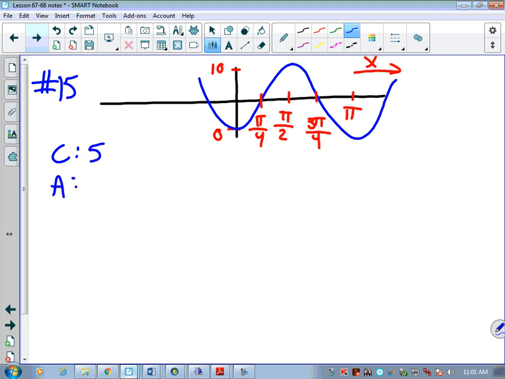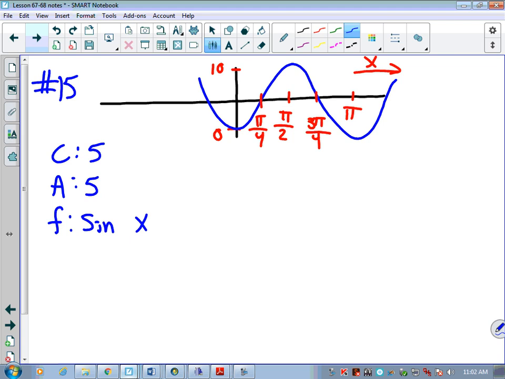Amplitude. You're taking 10 minus 5 is 5, so our amplitude is 5. What's my function supposed to be? Sine, and we'll leave space there for x.